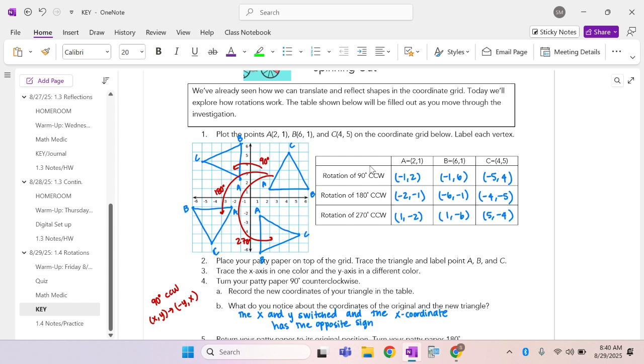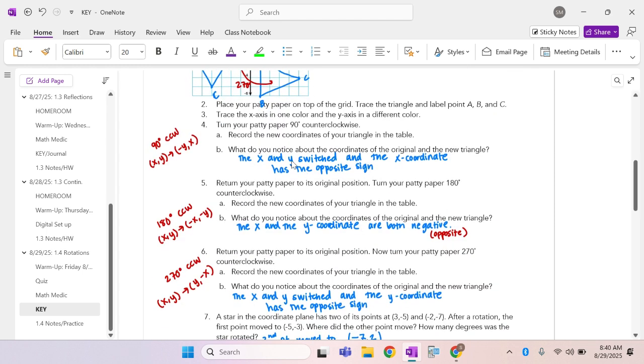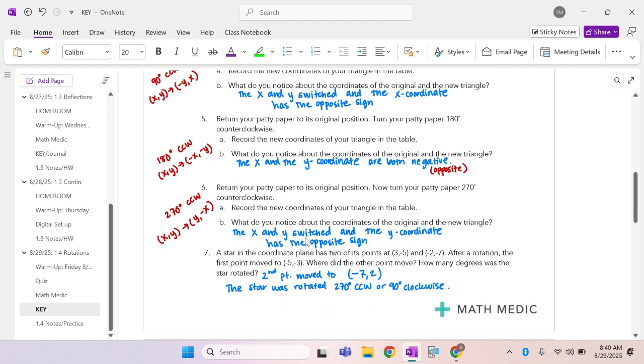In reality, you really just need to memorize counterclockwise because clockwise would just be the same rules but going backwards. Any questions on that part? All right, so that's what 4, 5, and 6 were talking about.